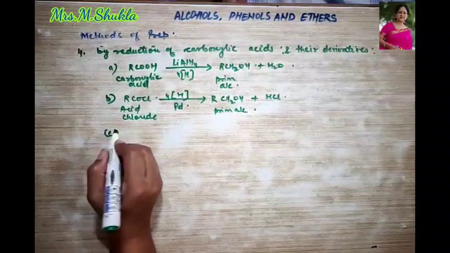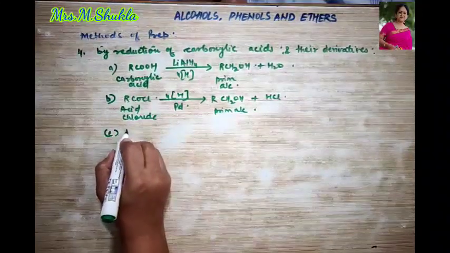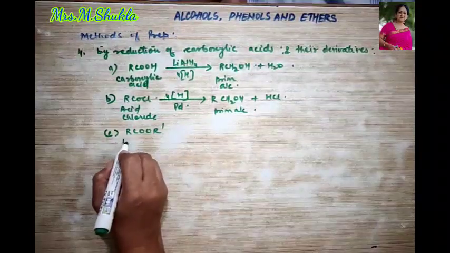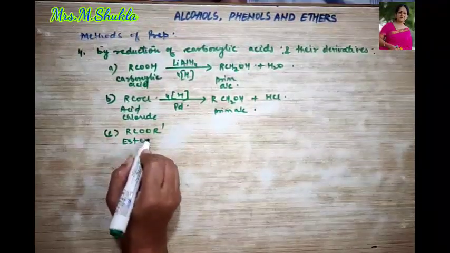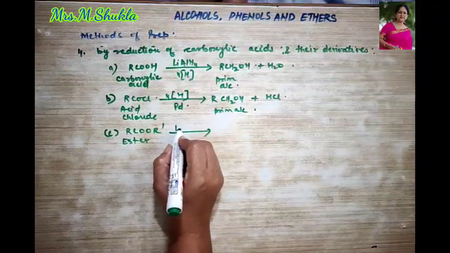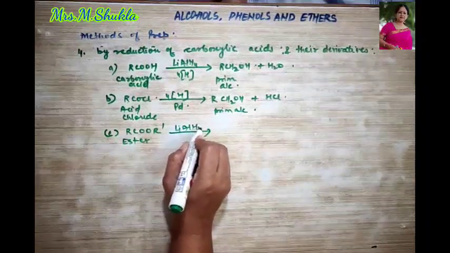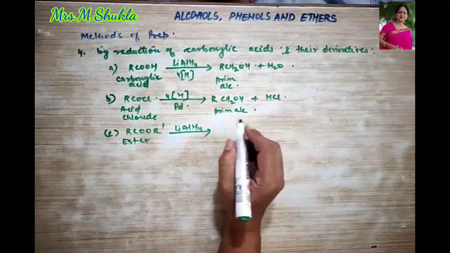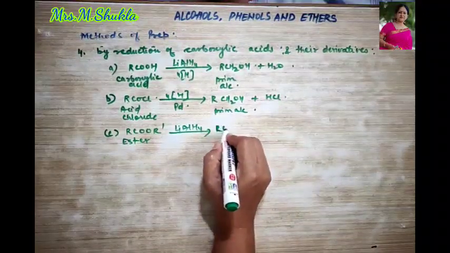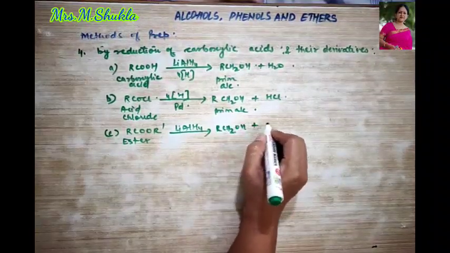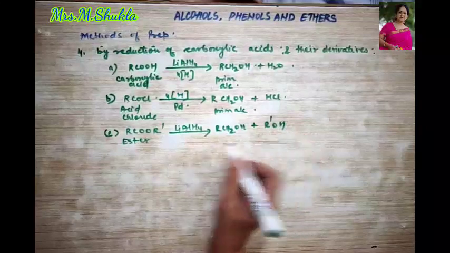Then another one could be with the ester, like RCOOR dash. What is this? This is your ester, on reduction with lithium aluminium hydride. It is going to give you a mixture of alcohols, that is RCH2OH plus R dash OH.